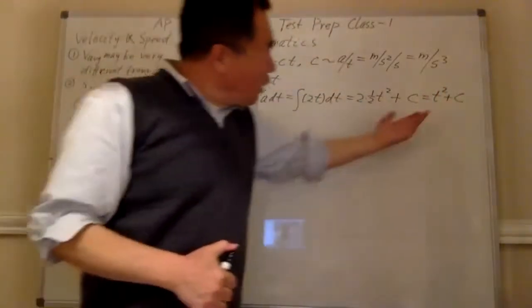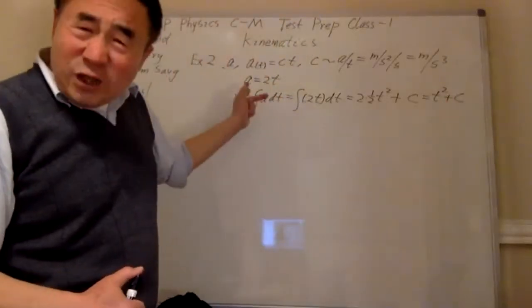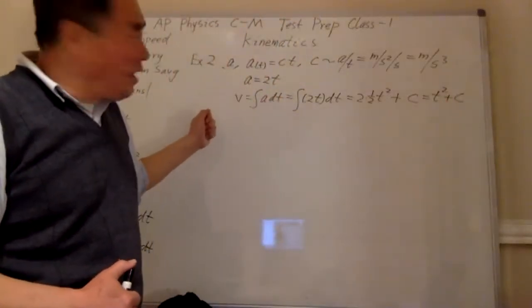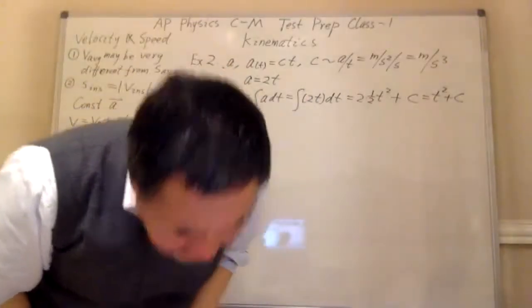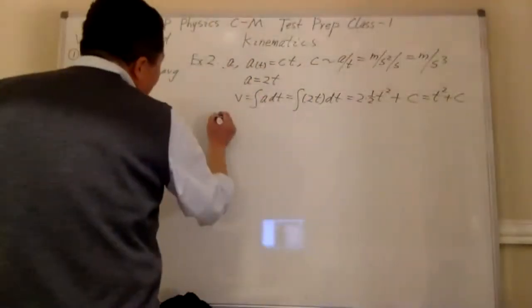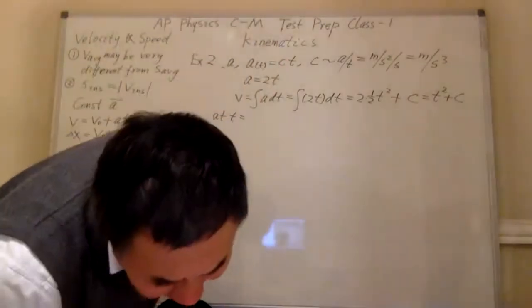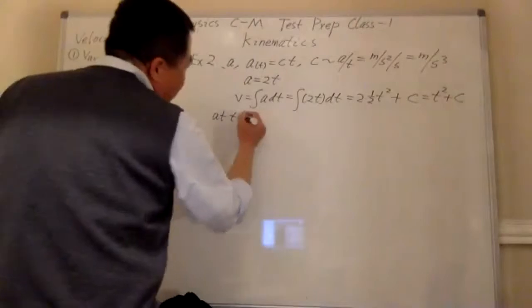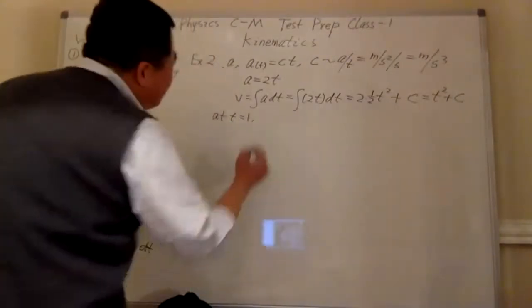How do we figure out the constant c? Then we need to use an additional condition. What is the additional condition? They said at the time equal to 1 second, the velocity is 5.